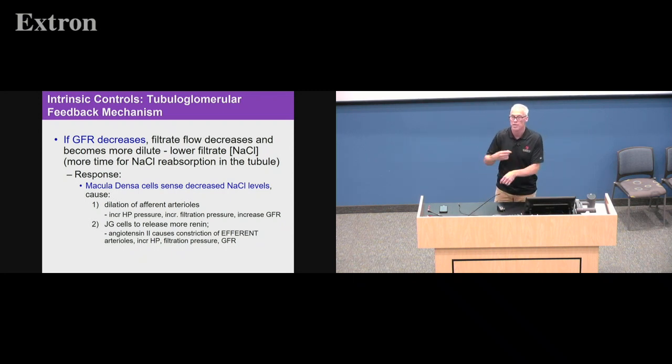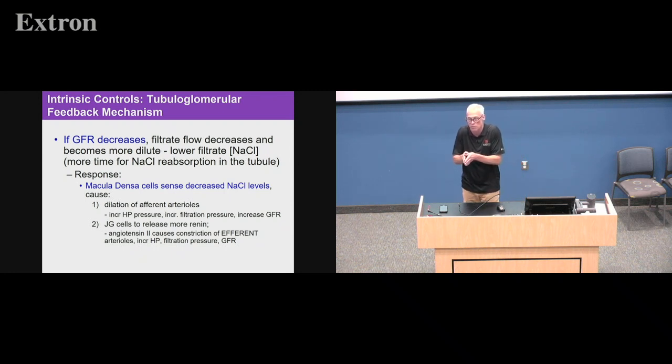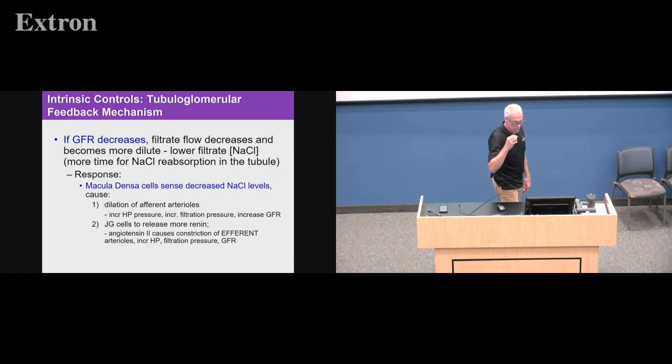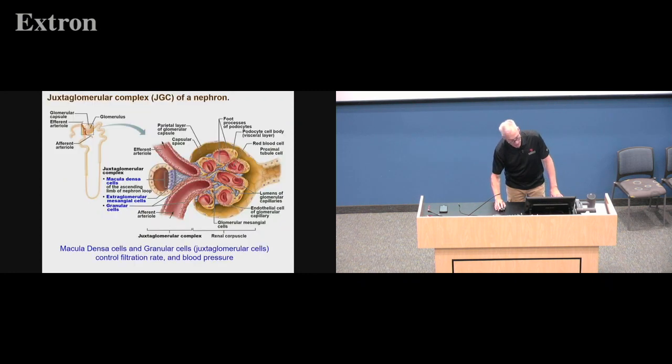More salt is being reabsorbed because the fluid is traveling slowly through the tubule and it's getting more and more dilute. So anyway, if the salt concentration of the filtrate is going down, as sensed by the macula densa cells, they will cause the afferent arteriolar smooth muscle to dilate, let more pressure into the glomerulus, and increase the glomerular filtration rate.